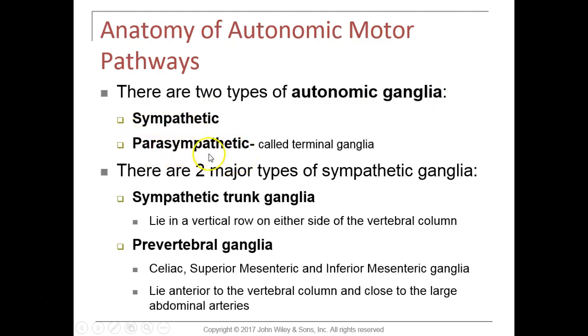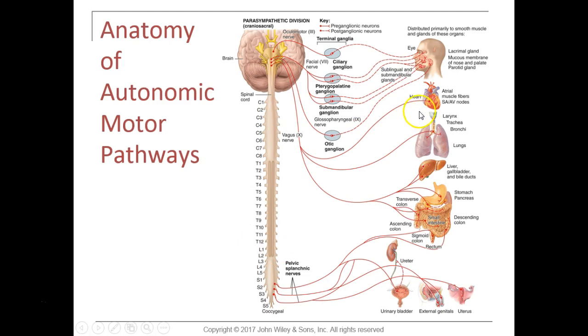We'll do the parasympathetic ganglion first. Parasympathetic ganglia are called terminal ganglia because the preganglionic neuron of the parasympathetic nervous system terminates at the organ of interest. So let's go back to the picture. Look over here for the heart again that we were just talking about. The preganglionic neuron comes in and it goes all the way to the organ, the effector, before it ever makes a synapse with the postganglionic neuron.